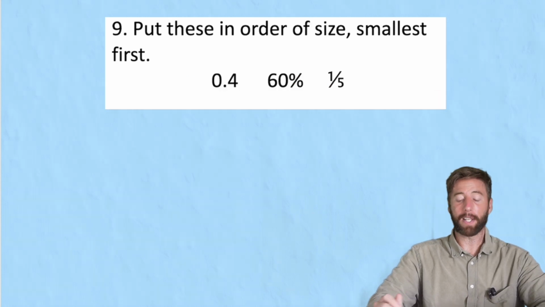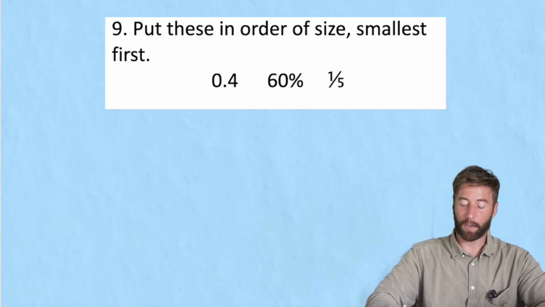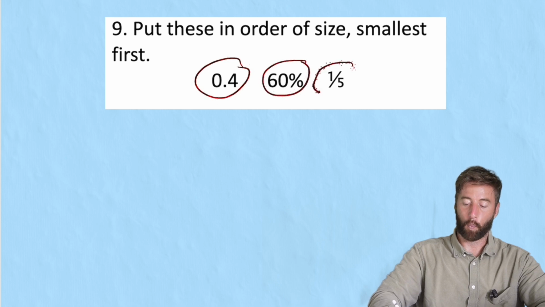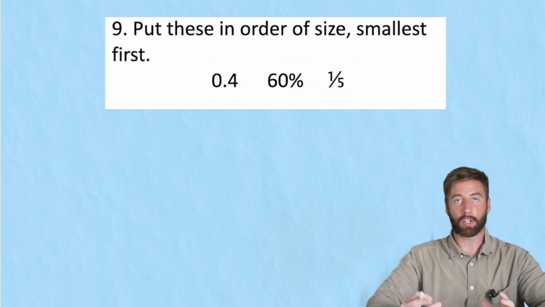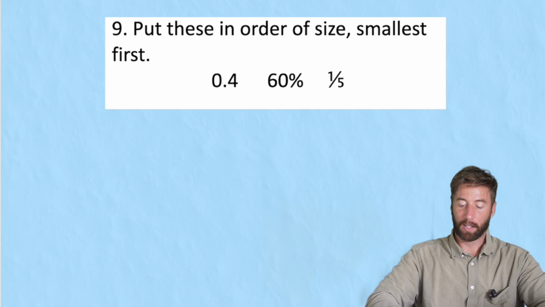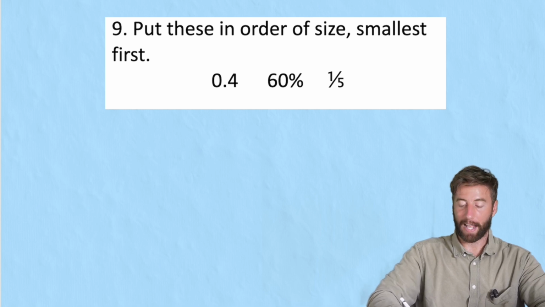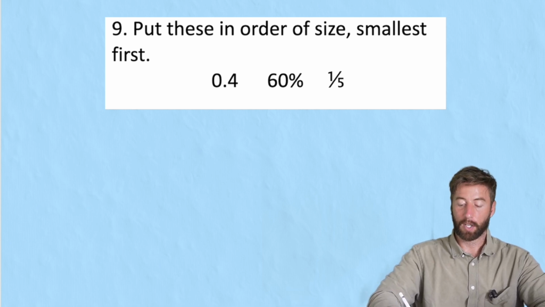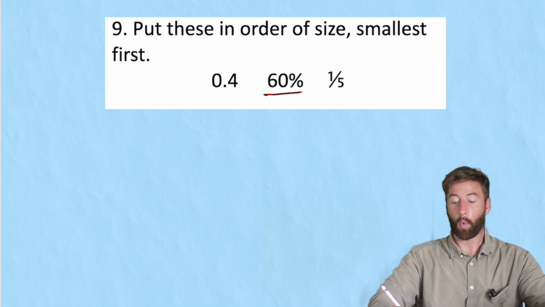Let's move on. Put these in order of size. Smallest first. So we have 0.4, 60%, and 1/5. So the important thing to do is get them into the same units. And because we have 0.4 at the start, let's get them all into decimals. So 60% as a decimal, well, if it's 60%, it's not quite 1.